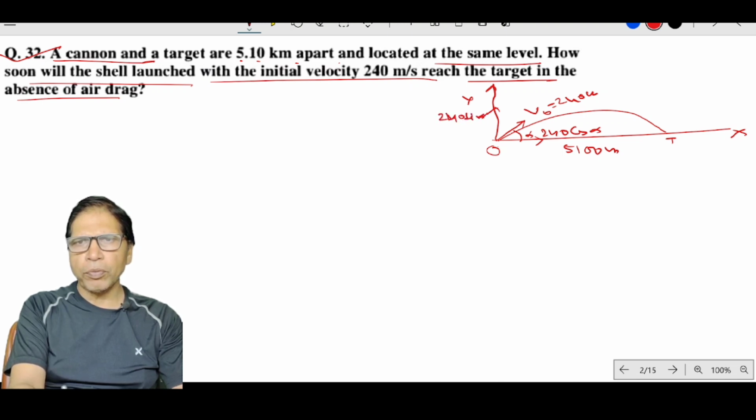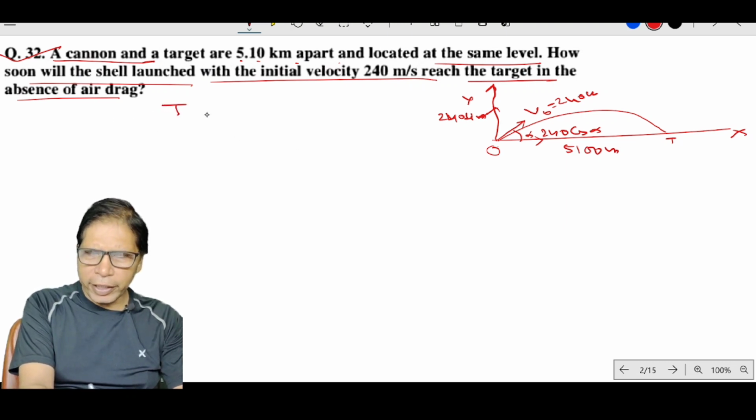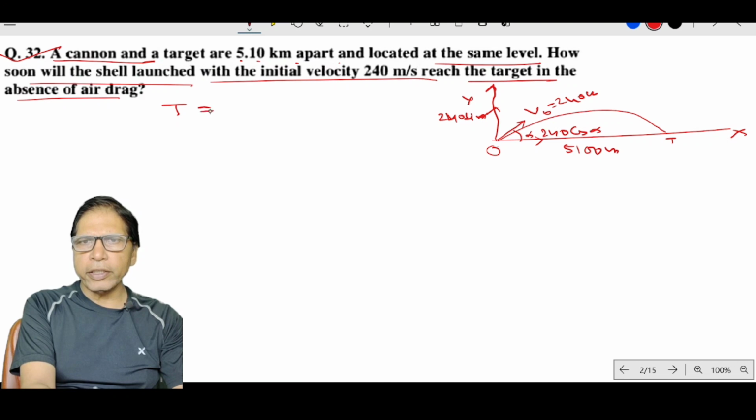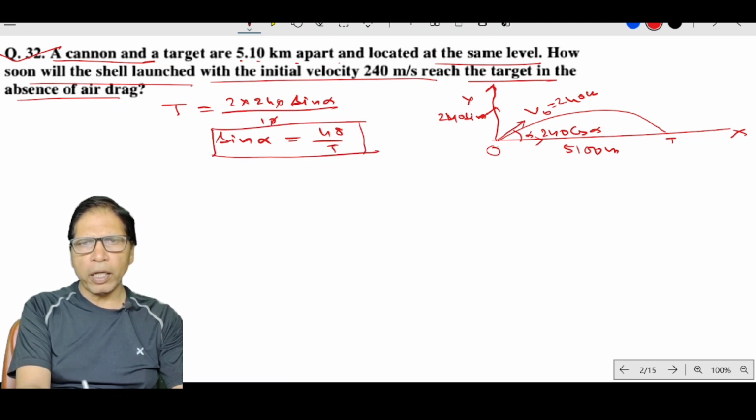Now, let T be the time at which the cannon hits the target. So T is 2 into 240 sin alpha, divided by g, where g is 10. From here, sin alpha equals 48 by T. This is equation number 1.